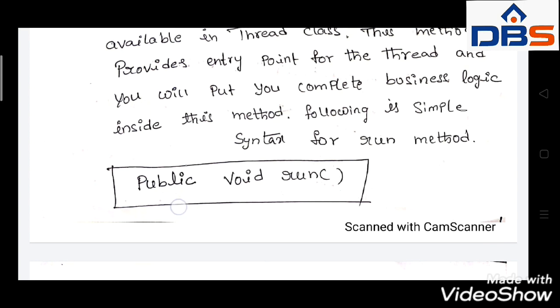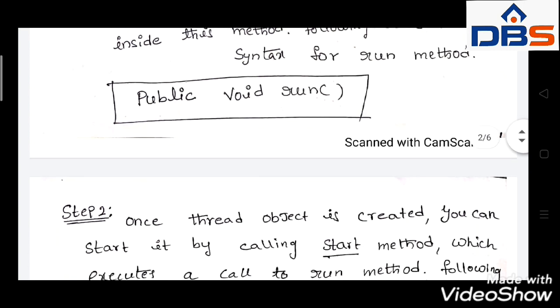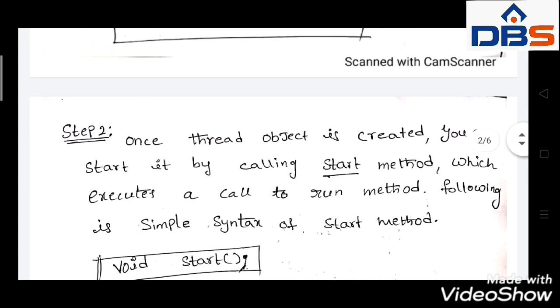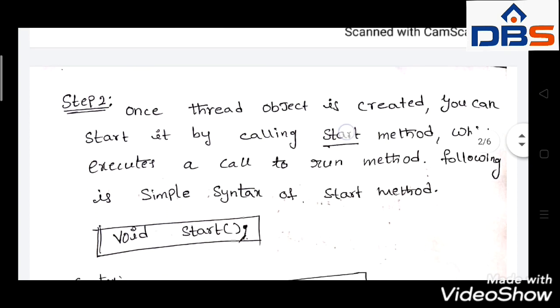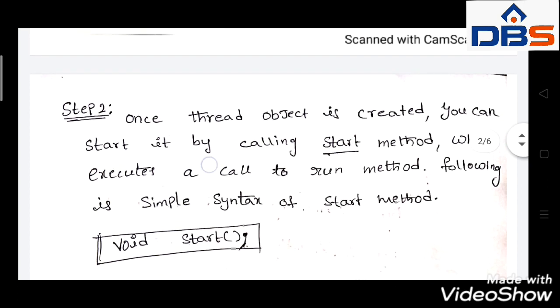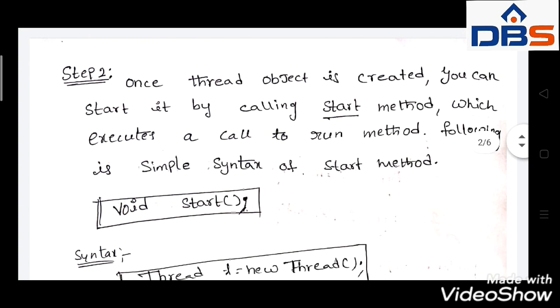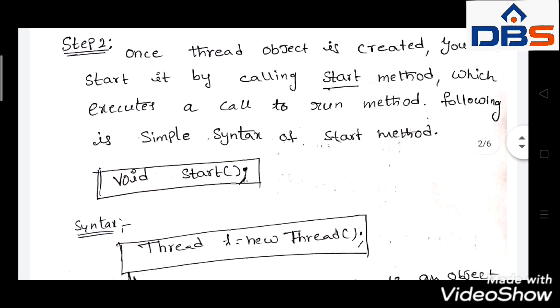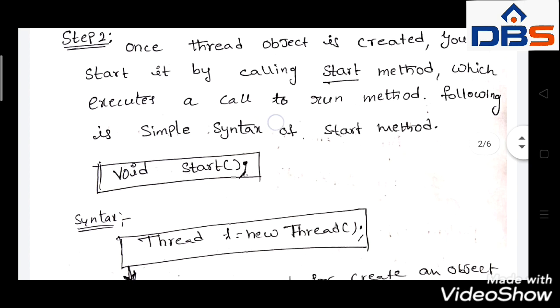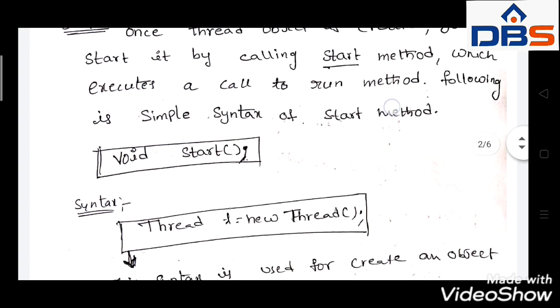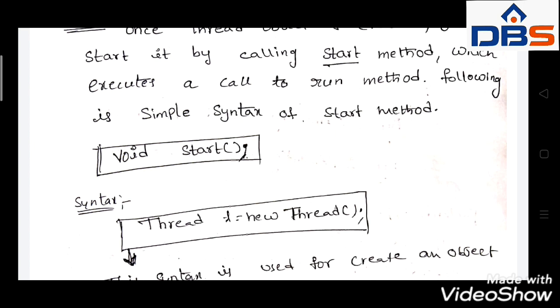That is step 1. Step 2. Once the thread object is created, you can start it by calling the start method, which executes a call to the run method.